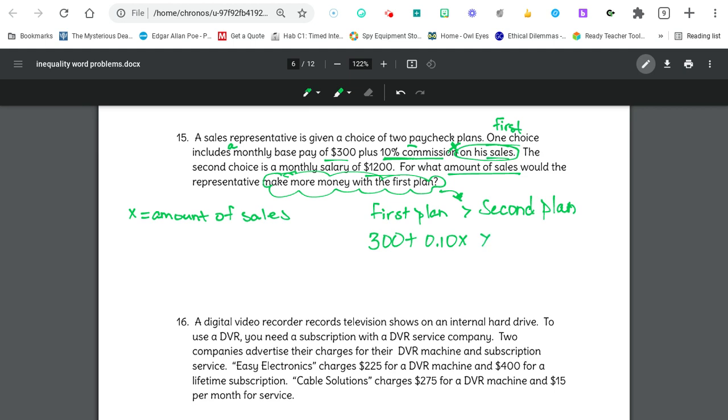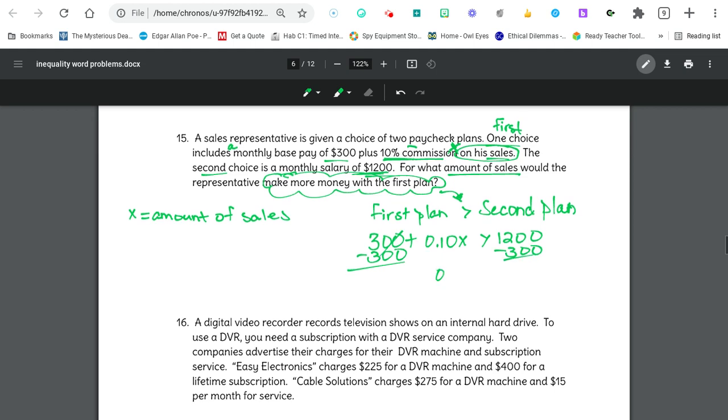When is that going to be greater than the second plan? Well, the second one only offers $1,200. So just greater than $1,200. All right, so you're going to subtract 300 from both sides. So you got 10 cents X greater than 900. How many dimes make 900 basically? 900 divided by a dime. 9,000 of them.